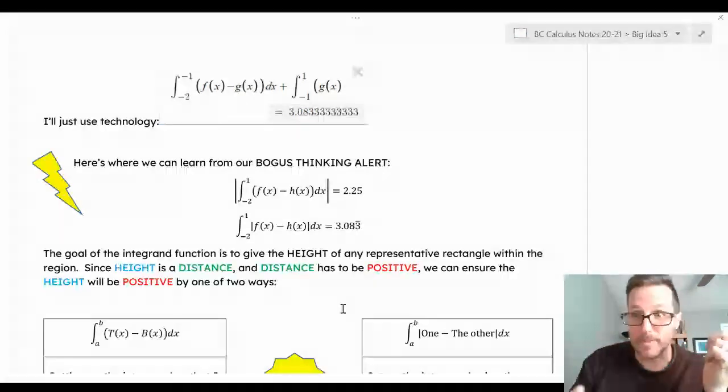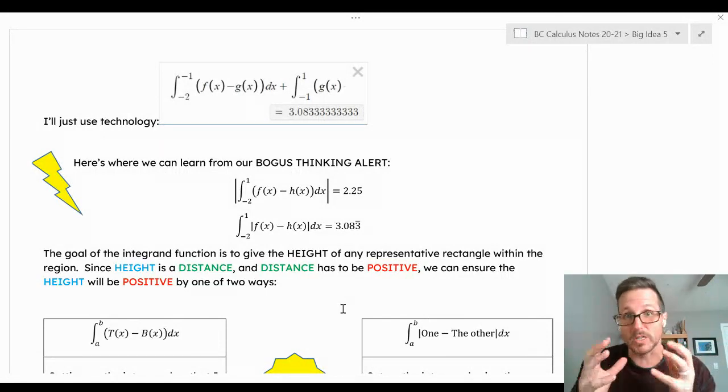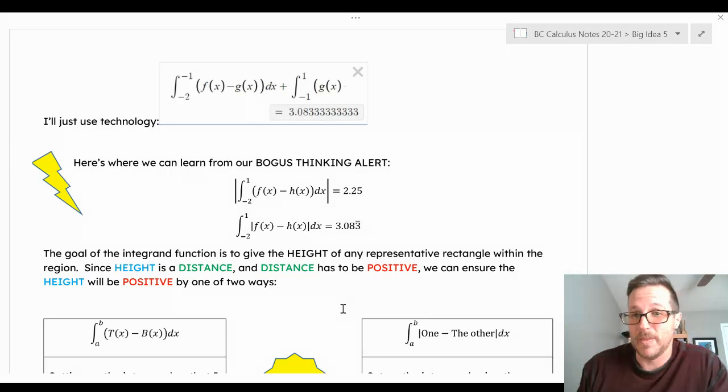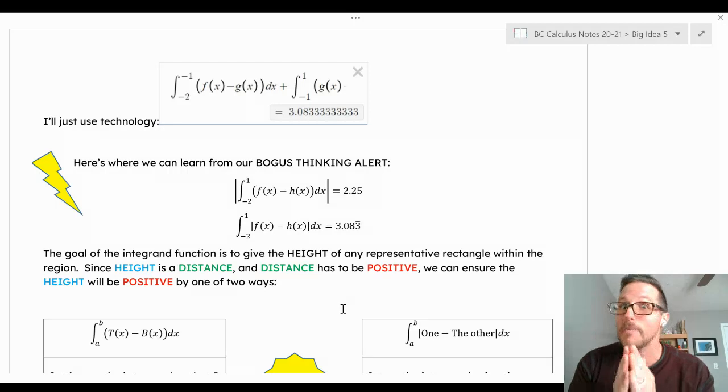Remember me talking earlier about taking care and who is top and who is bottom? It's the bigger minus the smaller. And we do that to ensure that the integrand function is positive. And we want it to be positive because we want to integrate in the right direction a positive thing to get a positive answer, because area is always positive. So the height of any one of those representative rectangles is a distance, and a distance has to be positive.